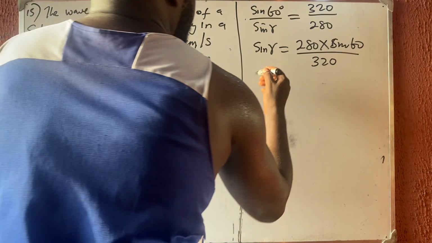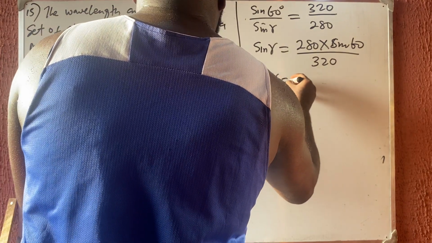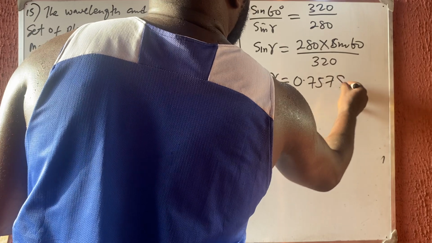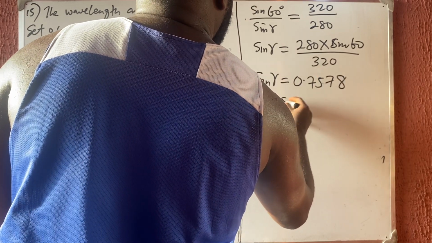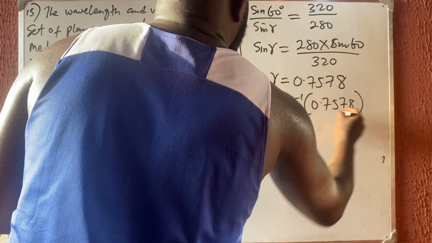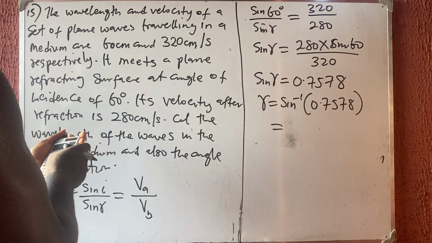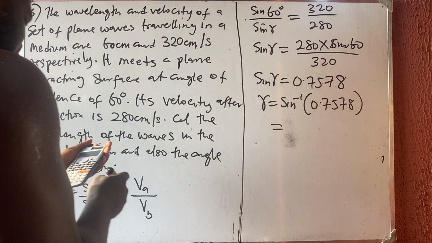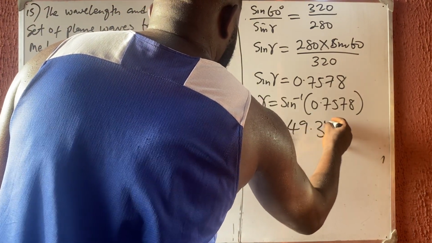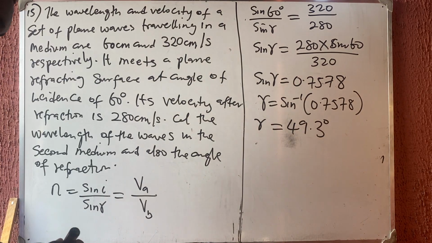So sine r is equal to 0.7578. Therefore my r will be the sine inverse of 0.7578. I have my r is now 49.3 degrees.